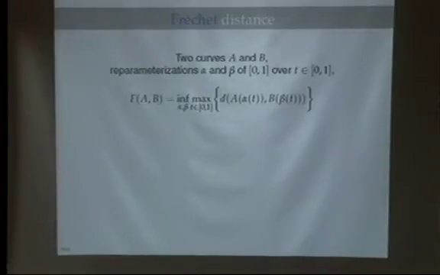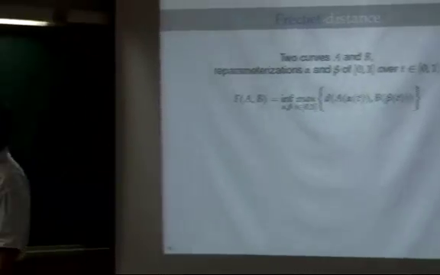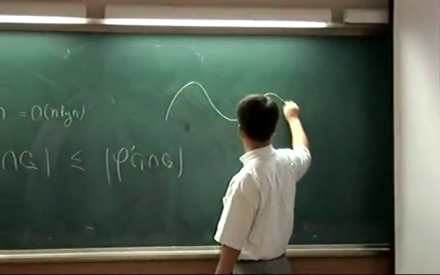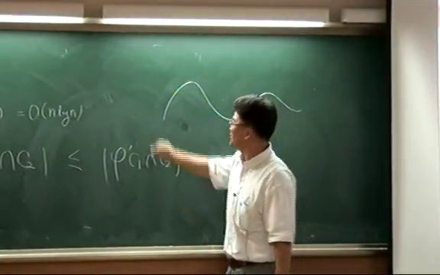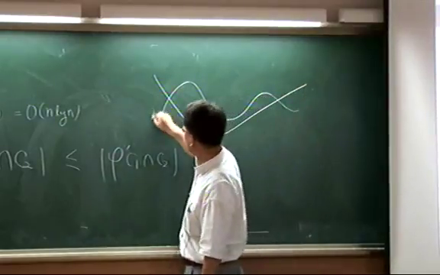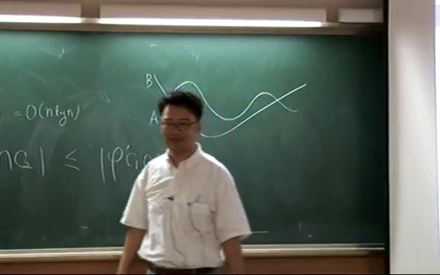Another typical geometric shape matching problem is that we are given two curves. One curve is given like this, and the other curve is given like this, for example. This is A, and this is B. We are given two curves in the plane.